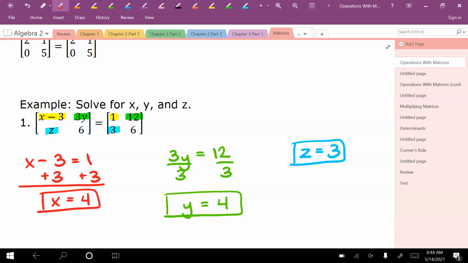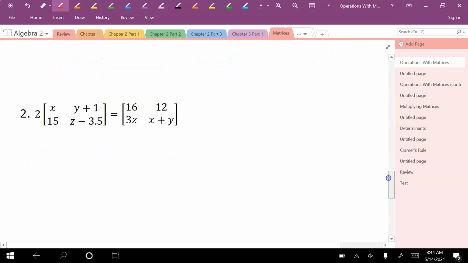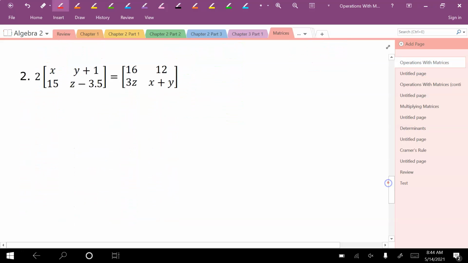Okay, so I want you guys to take a look at the second one there. I'm going to help you get this one started only because that first matrix does have a 2 sitting out front. So the first thing you're going to want to do on the second one is actually distribute that 2 in first. And be really careful with the y plus 1 and the z minus 3.5.